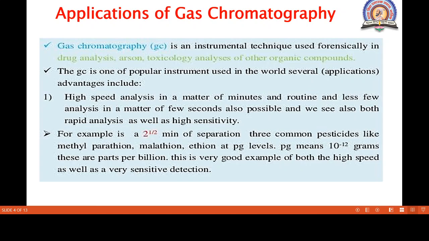We see both rapid analysis as well as high sensitivity analysis. For example, a 2.5 minute separation of three common pesticides like methyl parathion, malathion and ethion at the Pg level, where Pg means 10 raised to minus 12 grams. These are parts per billion. This is a very good example of both high speed as well as very sensitive detection.